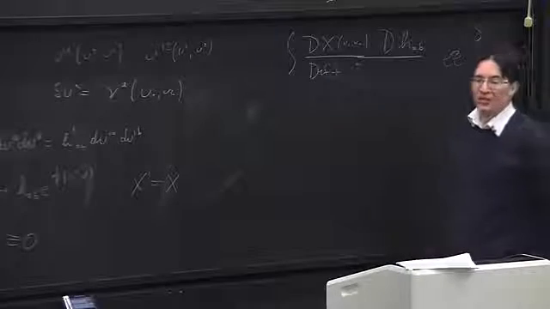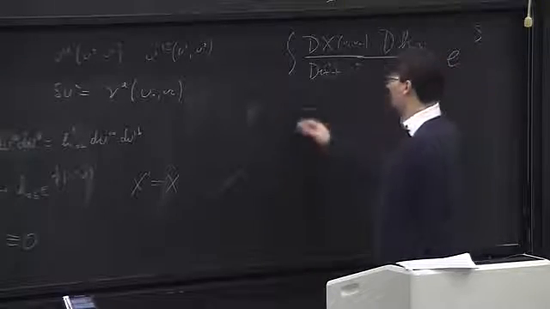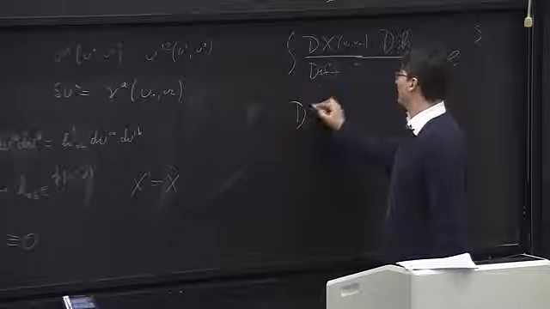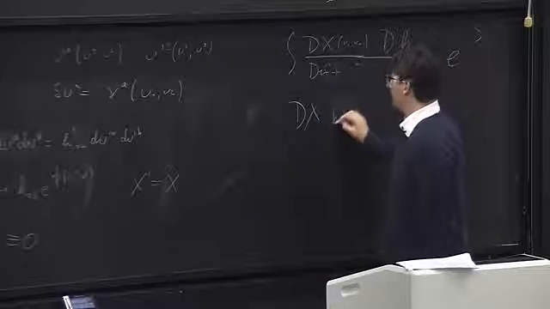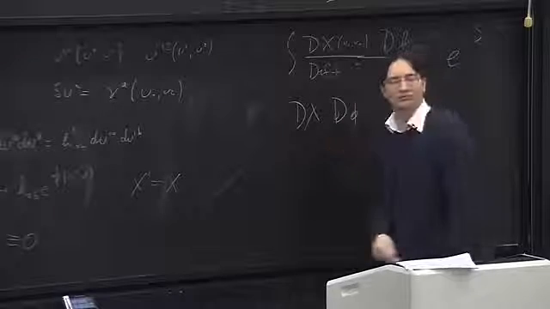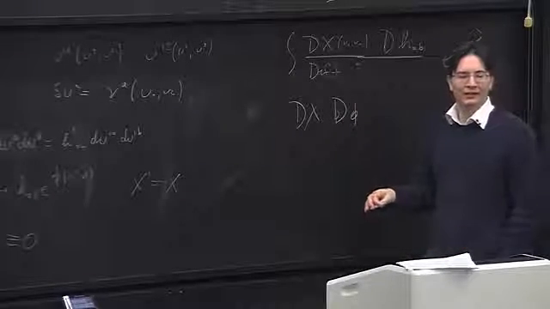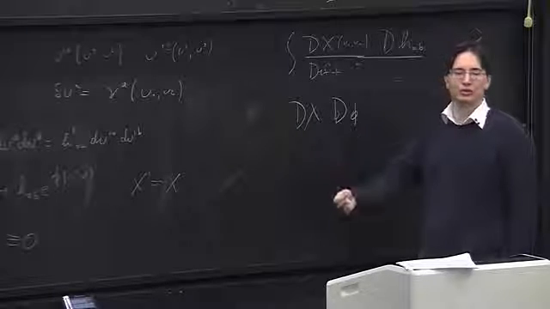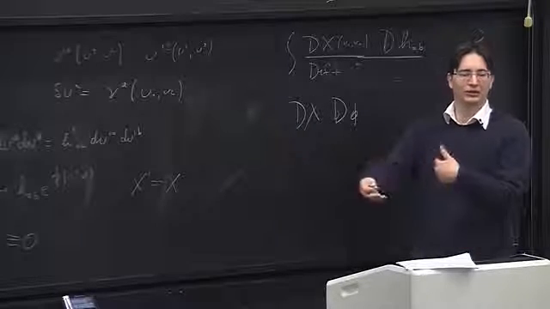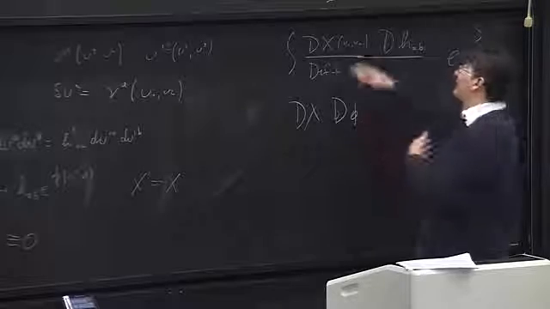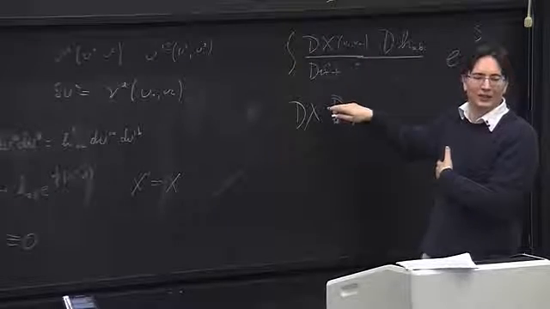Okay? So now after I gauge fix, my path integral will be a path integral over the X's and over this Weyl factor. It's actually possible to compute the transformation of this measure under Weyl transformations.